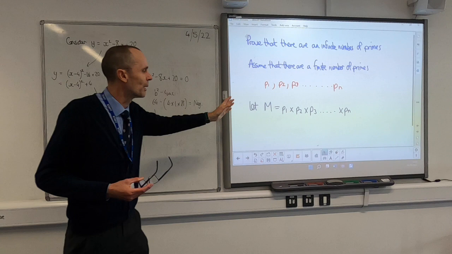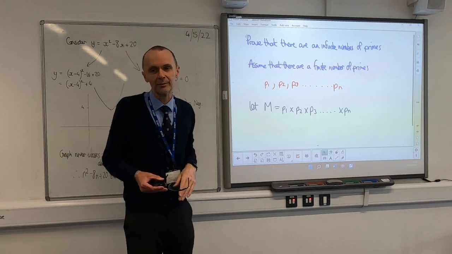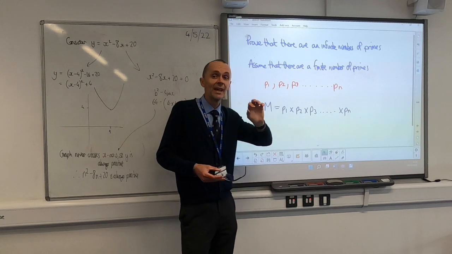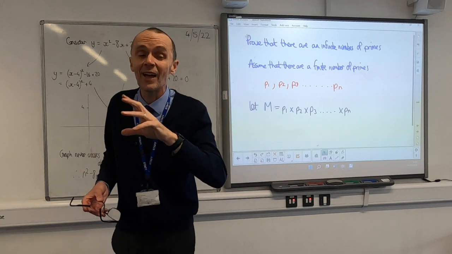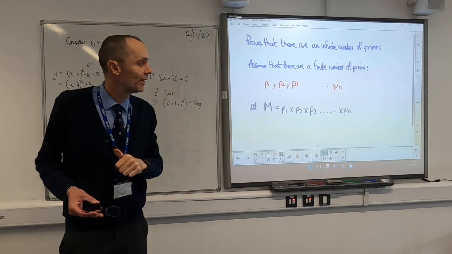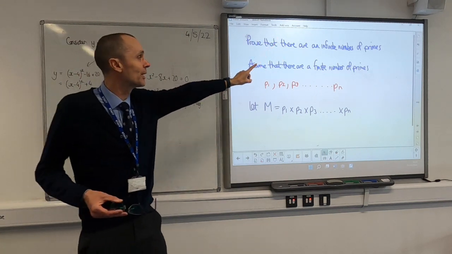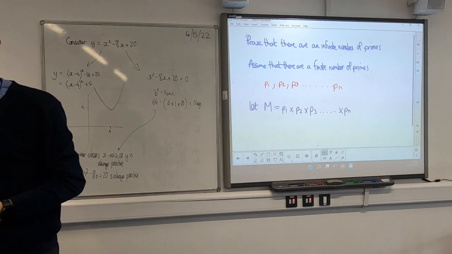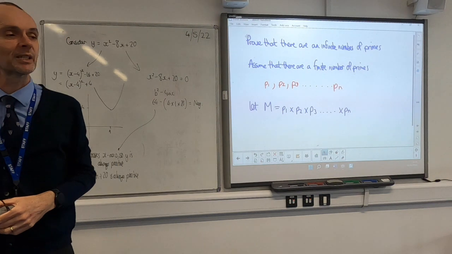So, our first prime number is 2, so this number is in the 2 times table. Second prime number is 3, so it's in the 3 times table. It's in the 5 times table. It's a multiple of every prime number. We're assuming there are a finite number of prime numbers, so there's a biggest prime number. Say 37 is the biggest prime number.